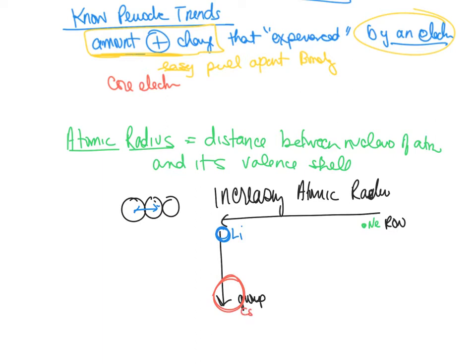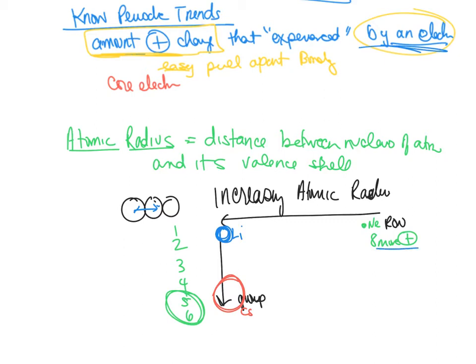So if you think about this, as you go down a group, you have 1, 2, 3, 4, 5, 6 shells, and those electrons are getting further away from the nucleus, and those subshells get larger. But because of the effective nuclear charge, lithium is going to be larger than neon, because neon has 8 more protons than lithium.